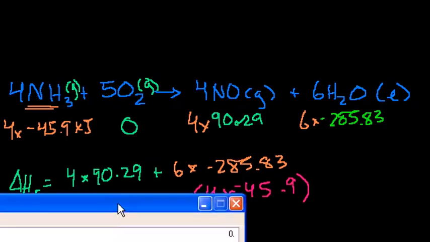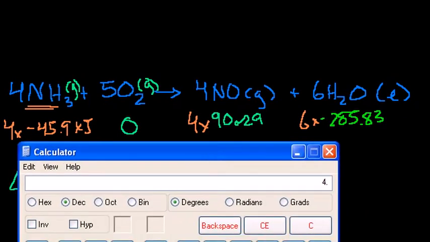So I have 4 times 90.29 plus 6 times negative 285.83 is equal to, so far, we're at minus 1353. And does that sound about right?